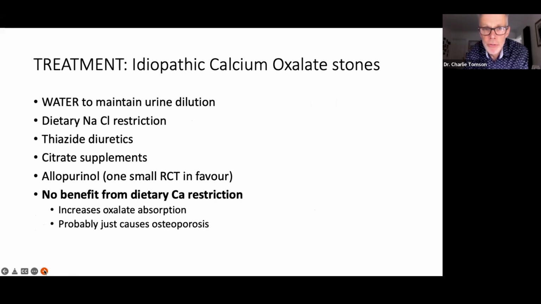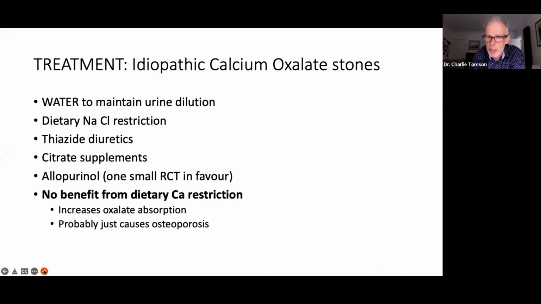So treatment of idiopathic calcium oxalate stones, as in our taxi driver that I mentioned earlier, are water, dietary sodium chloride restriction, thiazide diuretics, citrate supplements if you choose. There is one trial showing that allopurinol is of benefit for reasons that are complicated, and there is no benefit from dietary calcium restriction.